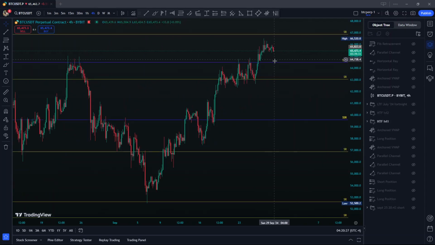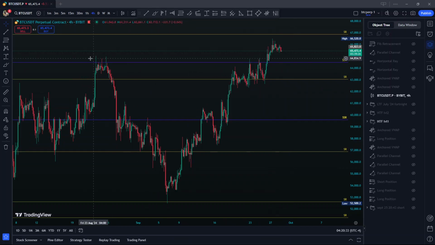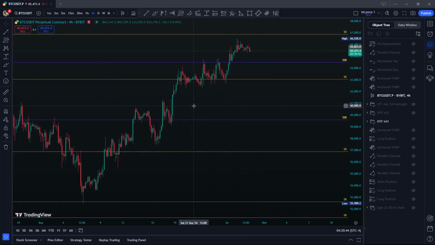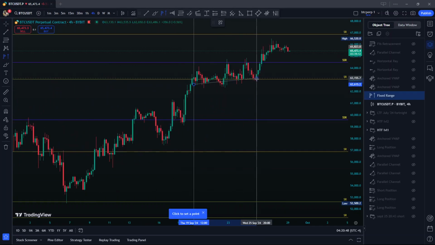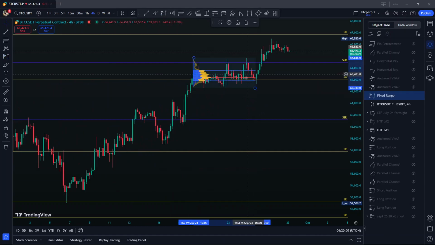For now, this level has obviously been reclaimed, 64,500, which was a major supply zone as we saw previously. So if you are expecting a retest, I would say this entire area from 63,000 to 64,000. Because if you take a look at here, we should be able to find a pretty decent point of control as well.